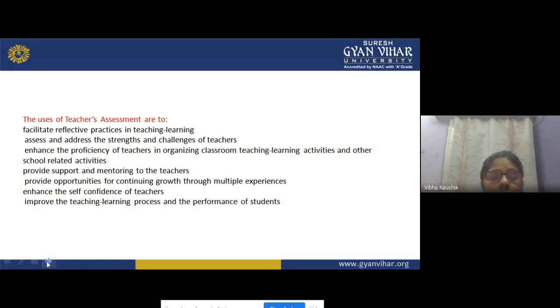Enhance the self-confidence of teachers, because the teacher will know these are my strengths and these are my weaknesses, and this will bring self-confidence. Improve the teaching learning process and the performance of the student. When the teaching learning process improves, automatically the performance of students will improve.